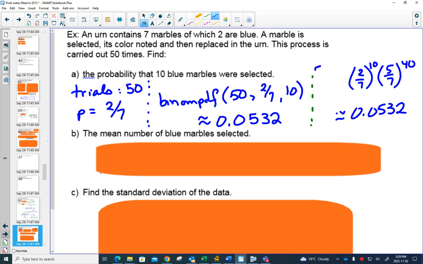Or if you wanted to, you could use your binomial theorem formula.